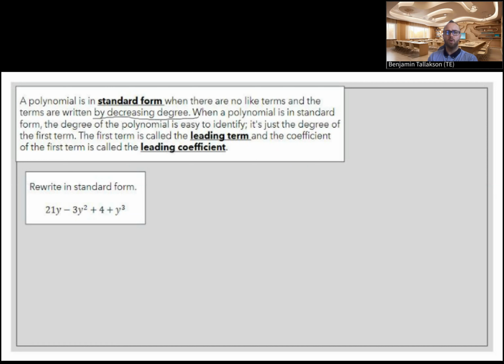So getting smaller. So look at the highest degree. Hopefully you're looking at -3y squared. Or no, y cubed. I had to double check. Y cubed. Okay, got that one. Maybe underline as you go so you don't miss any. -3y squared plus 21y plus 4. So notice, this could be written as y to the first. If you really wanted, you could write this as y to the 0.